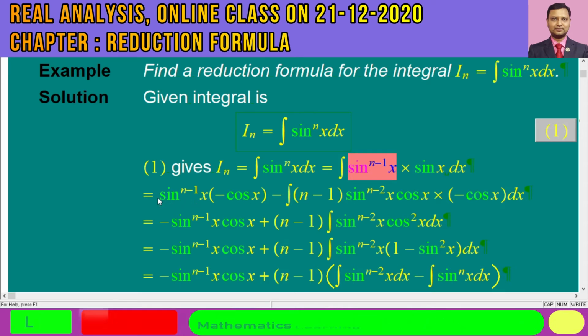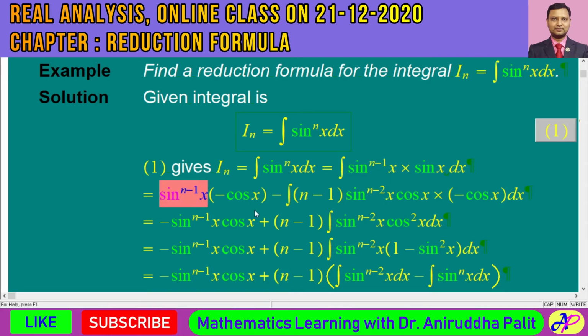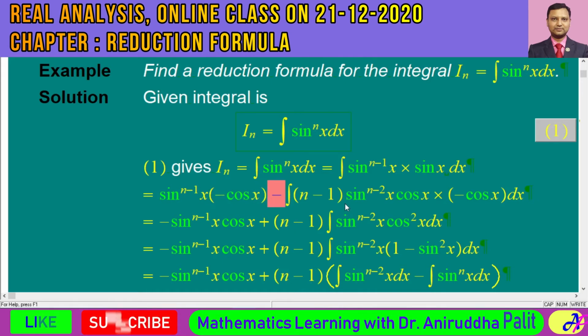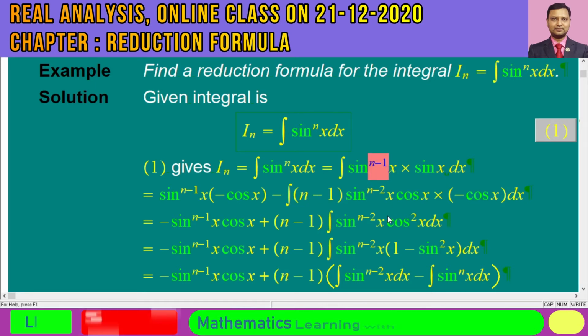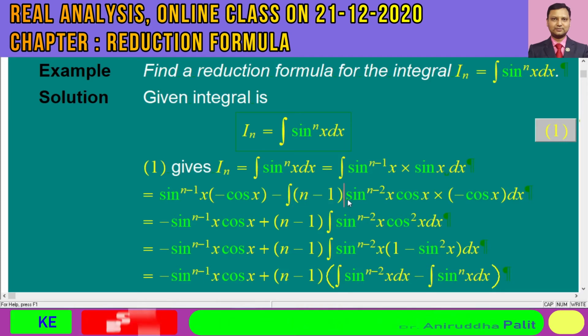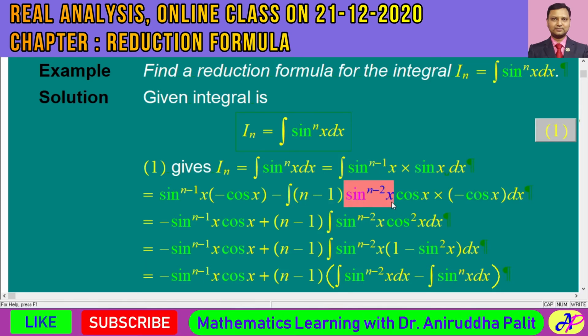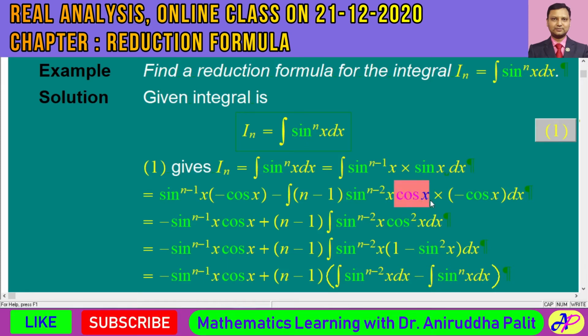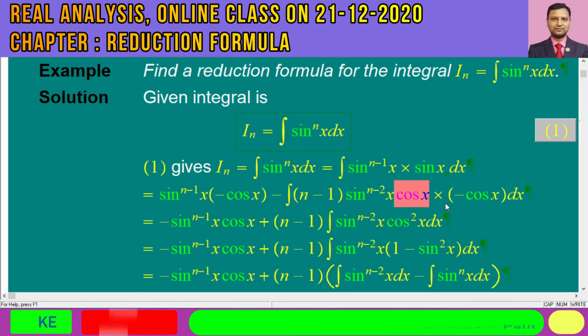So by integration by parts, it is first function into integral of second function minus the integral of the derivative of first function times the integral of second function. So sine to the power of n minus 1 x, when differentiated, gives n minus 1, then sine to the power of n minus 2 x, and then by chain rule, sine x has to be differentiated and we get simply cos x.